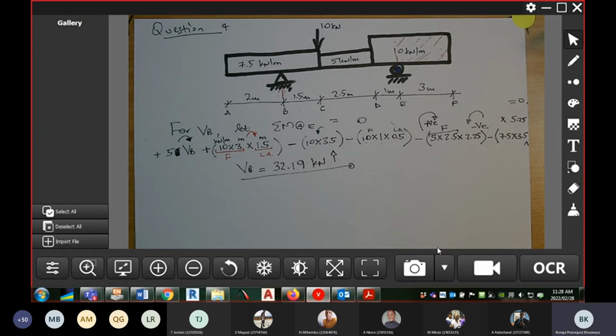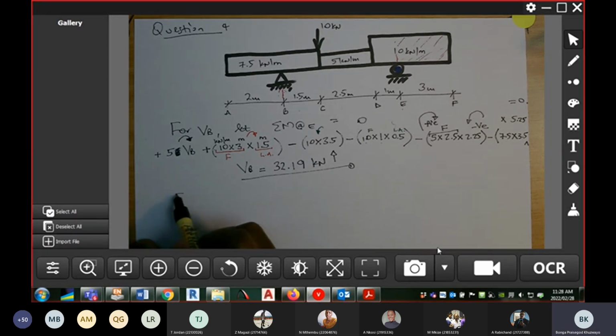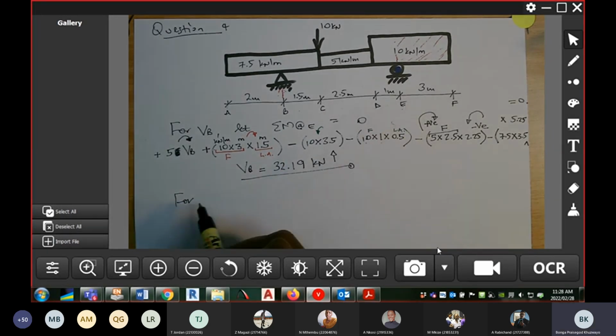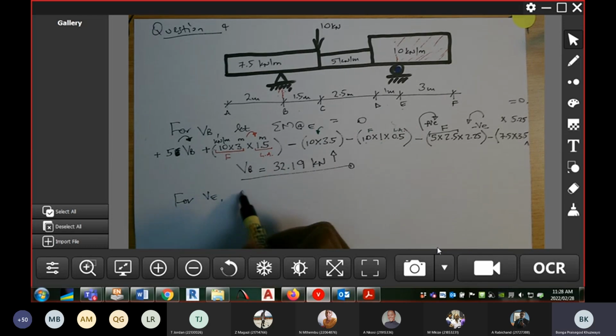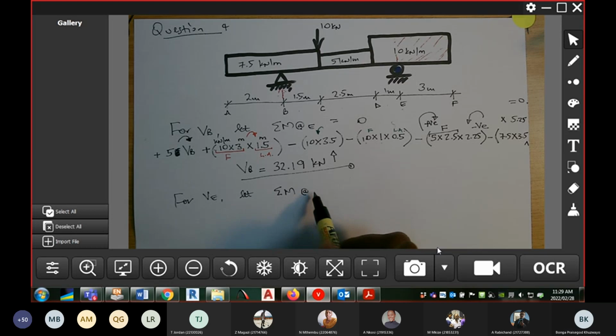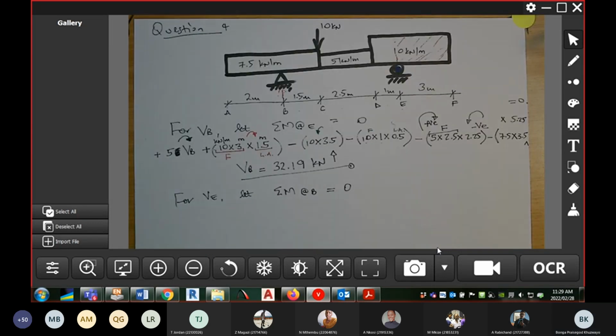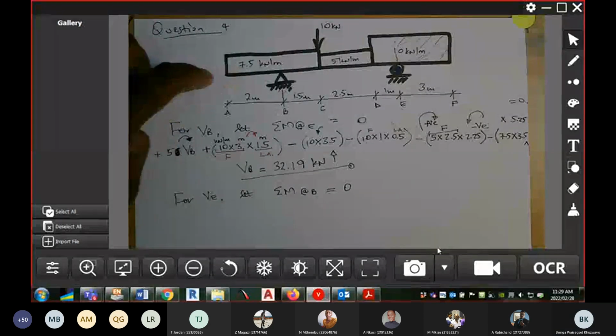Right, and then now we're going to say for VE, let sum of the moments at node B equals to 0. Okay, right, then I'm going to assume that V is going up.